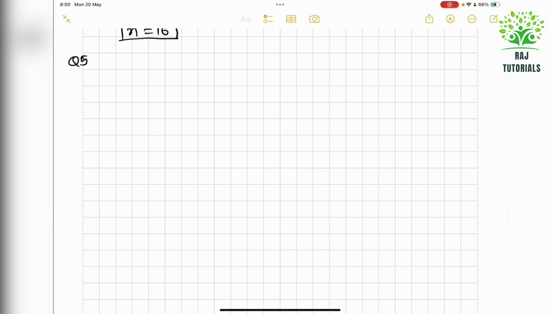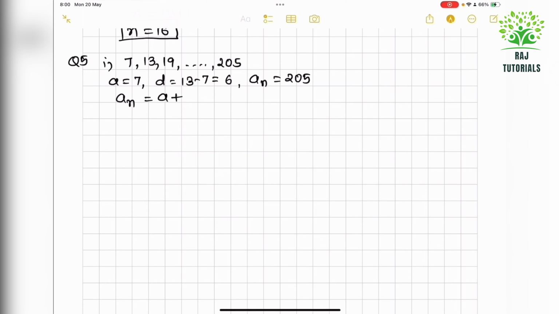That says find the number of terms in each of the following AP. A equal to 7, D equal to 13 minus 7. So 13 minus 7 will be 6 and AN equal to 205. So again the same formula, AN equal to A plus N minus 1 D. So 205 equal to 7 plus 6 into N minus 1.